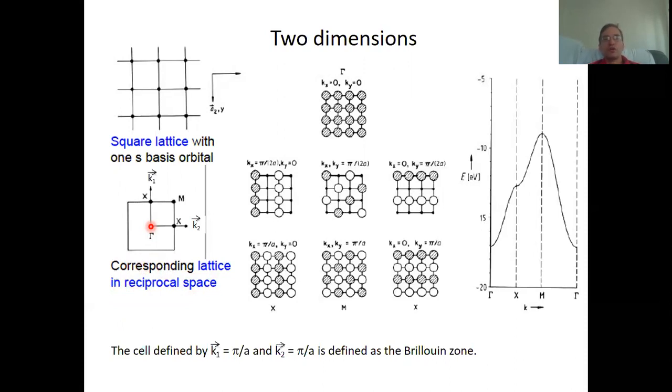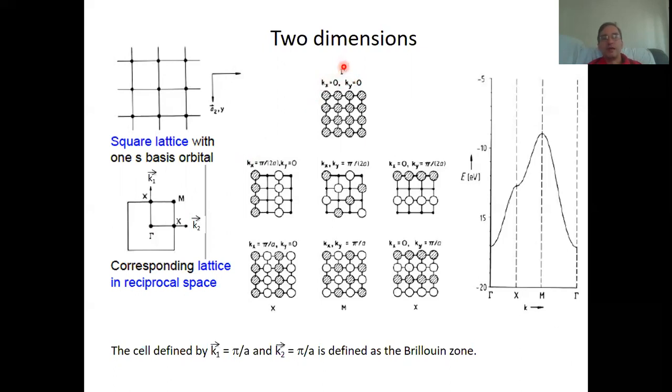So we then thought, what would be the crystal orbitals in these two dimensions? And we said that we can first look at the point in the reciprocal lattice in which both kx and ky are equal to 0. This point is called lambda.